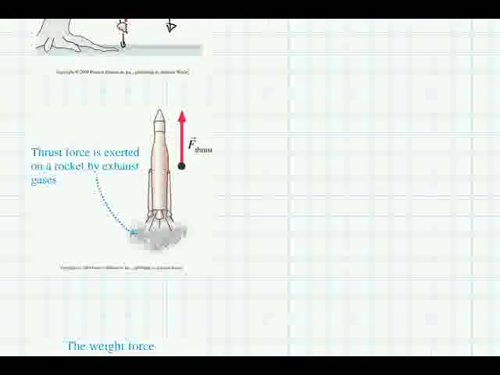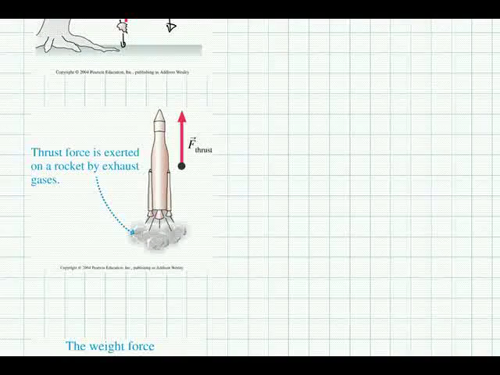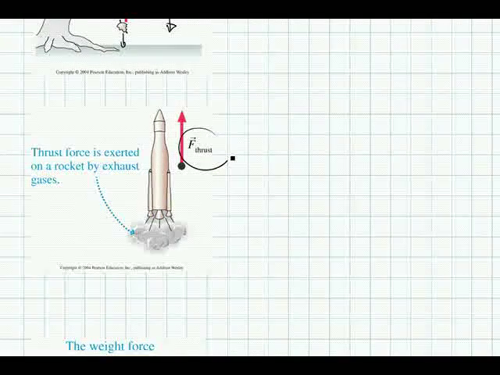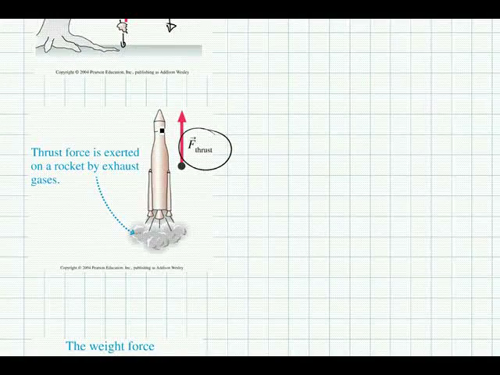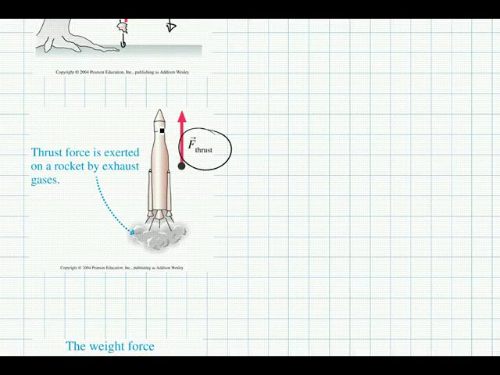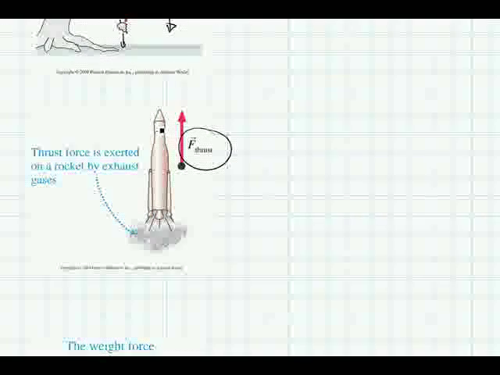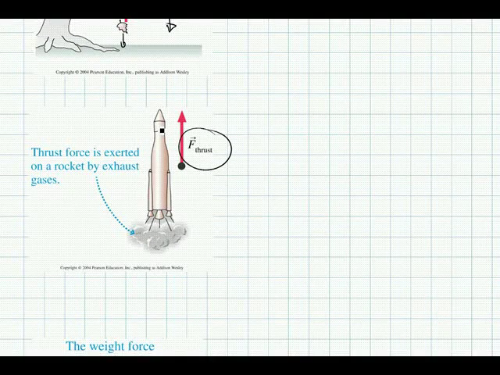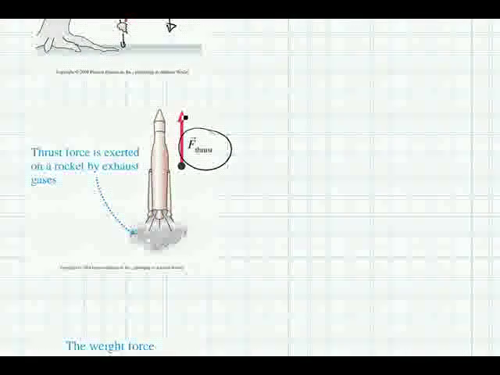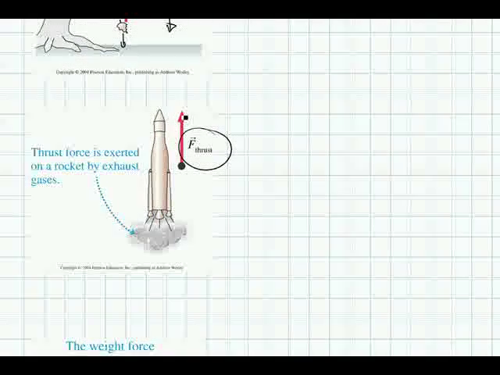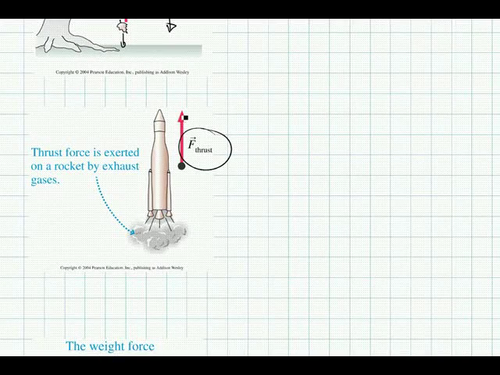And finally we have, not finally, the penultimate force, F thrust. That's the force due to a rocket engine or jet engine, and its direction in this case is the direction in which it's going to accelerate the rocket, forward typically.